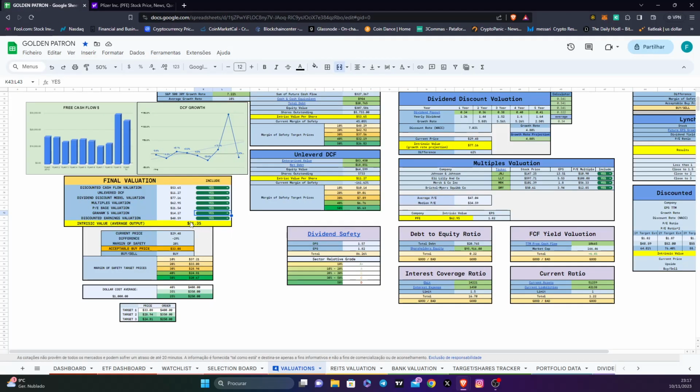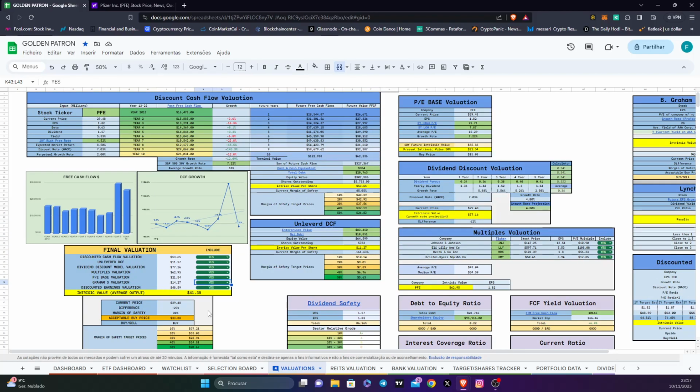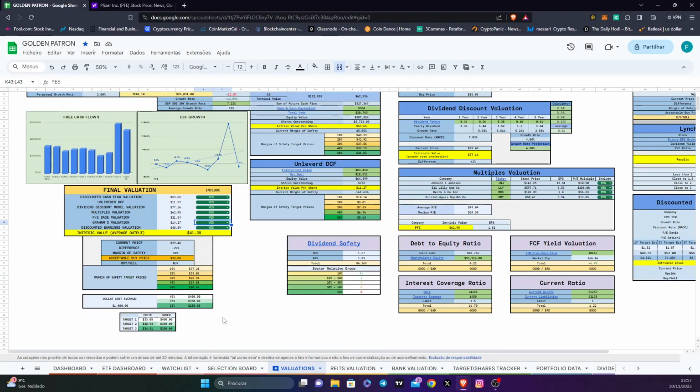So we came up to 41.35. I don't know how they come up with a number. I don't know if they do the same type of method, or if they have some other method, but the price is pretty similar. So the acceptable price right here would be 33.08, and this I've already explained.